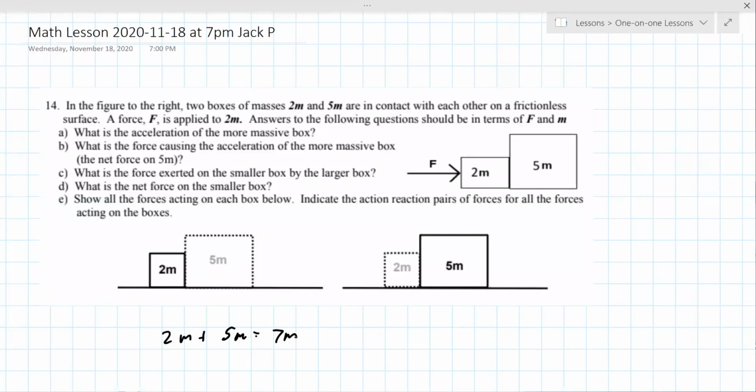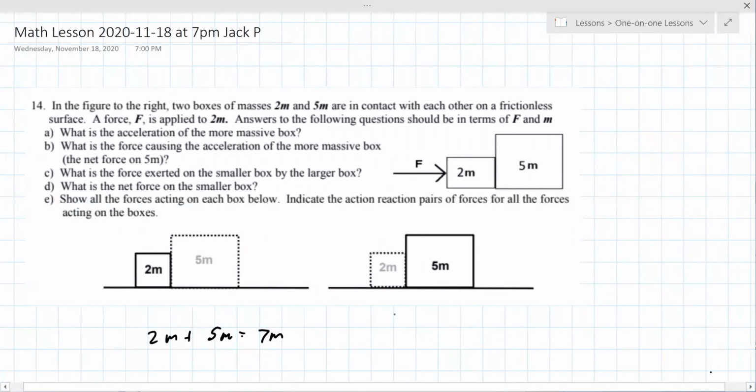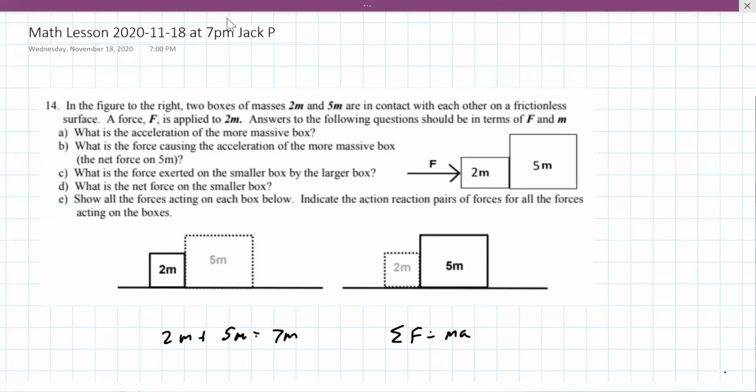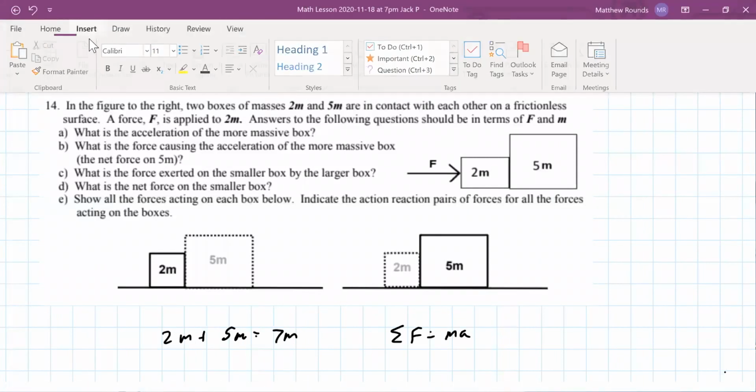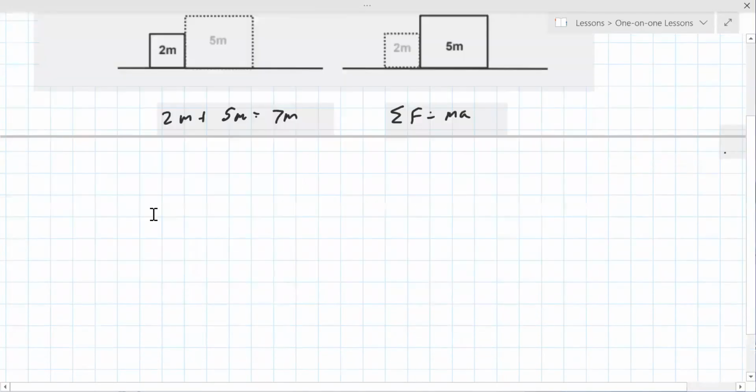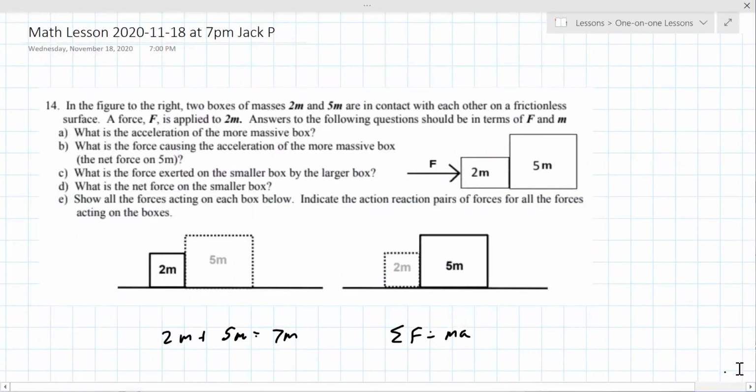Great. And we know that the sum of the forces equals mass times acceleration. Let me insert some space, I'm not able to scroll.